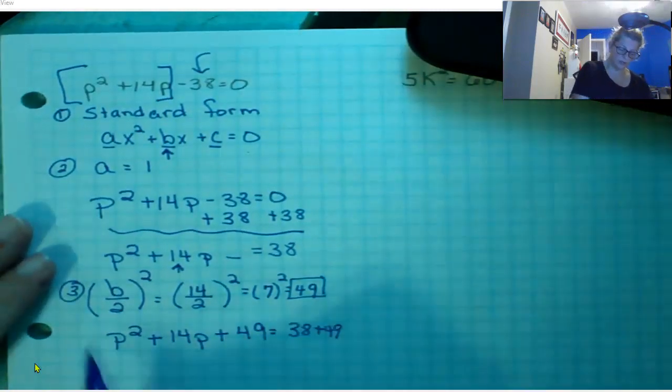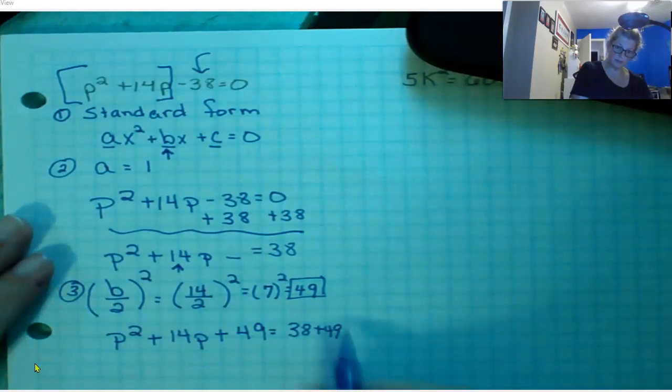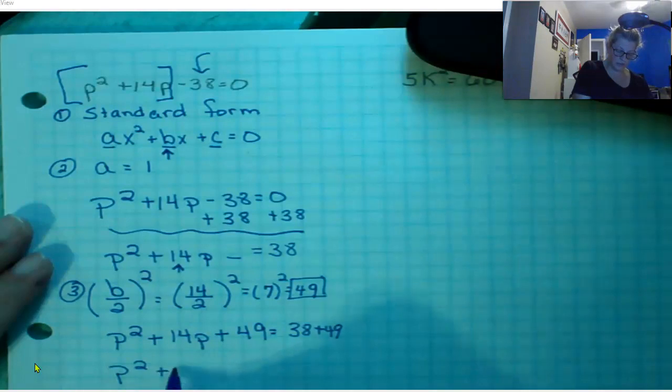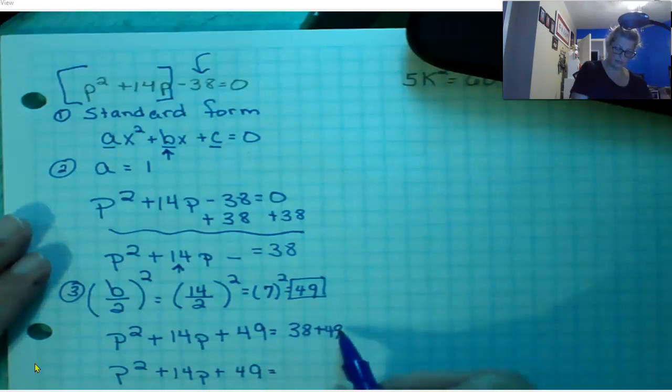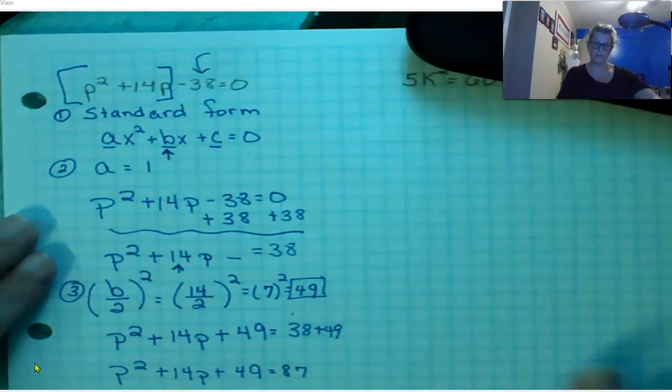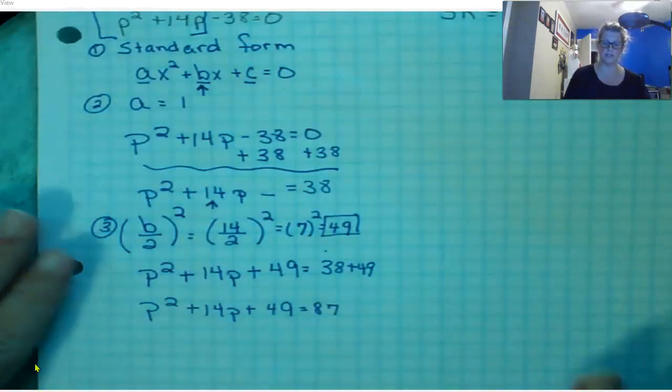Let's simplify by combining like terms over here. I have p squared plus 14p plus 49 equals, 8 plus 9 is 17, carry my 1, 4 and 4 is 8, 87. Let me move this up a little bit. So I have 87 there.